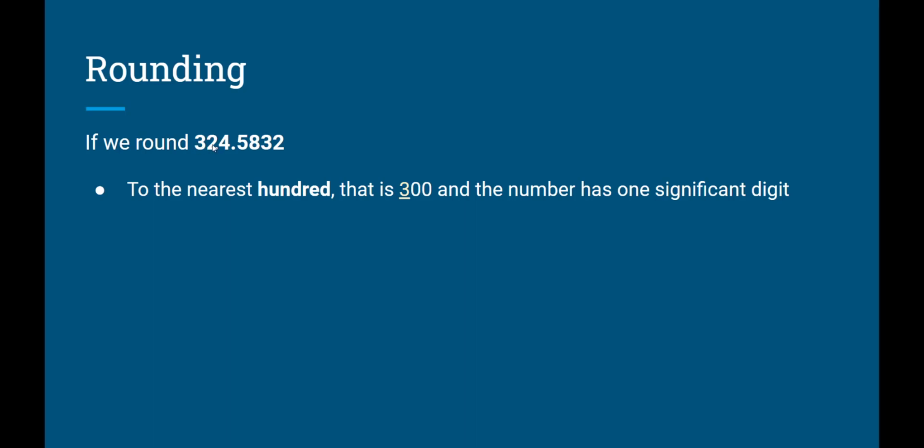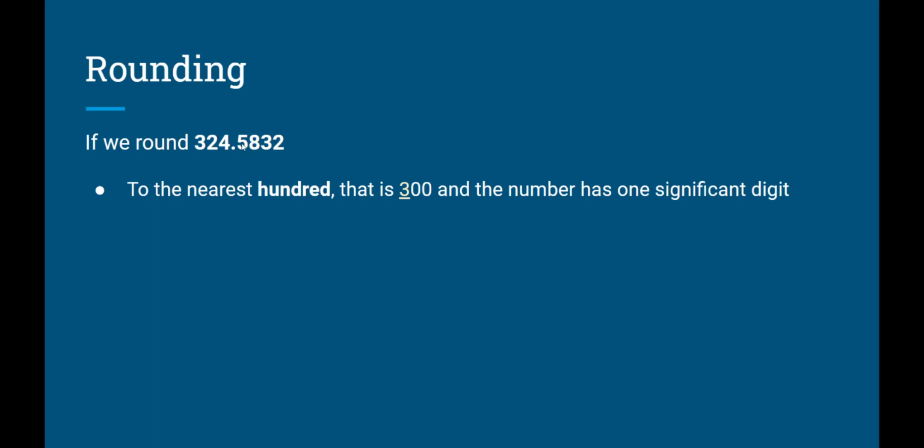I look 1 digit to the right of that number. So here I have a 2 directly to the right of the 3. If that number is 5 or greater, then you round up, you increase the number by 1. Here, since 2 was less than 5, we've rounded this to 300.